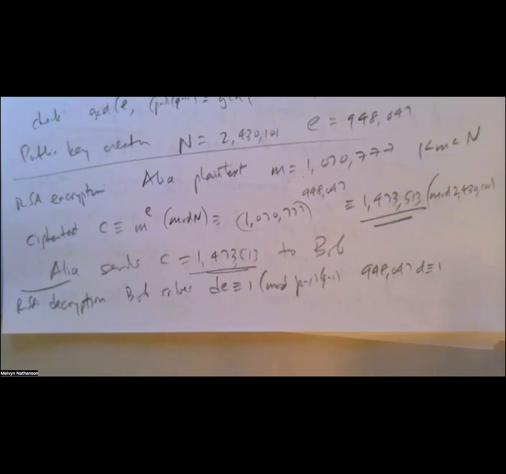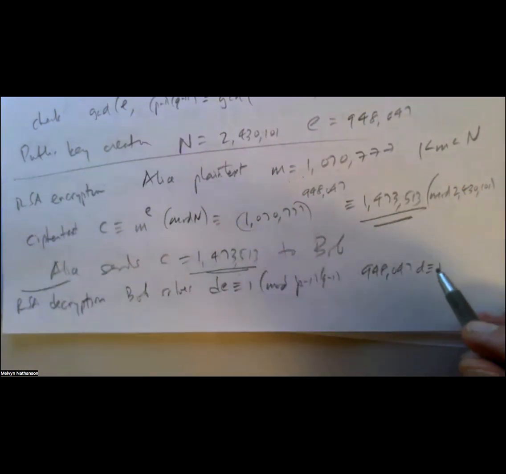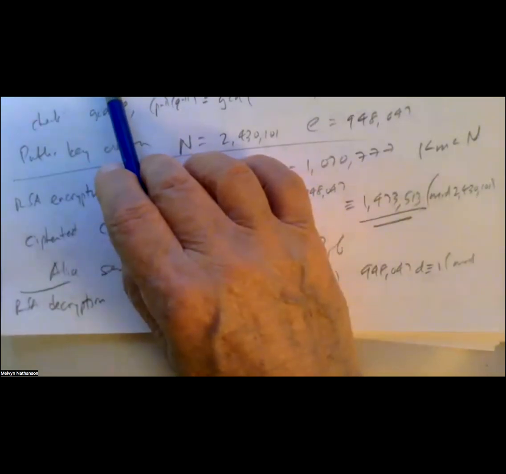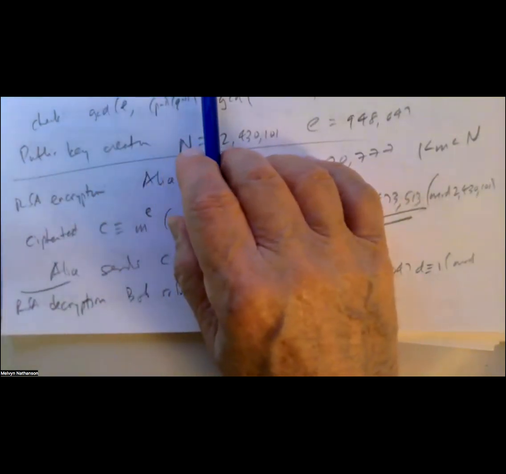P minus 1 times Q minus 1 is 1222 times 1986.